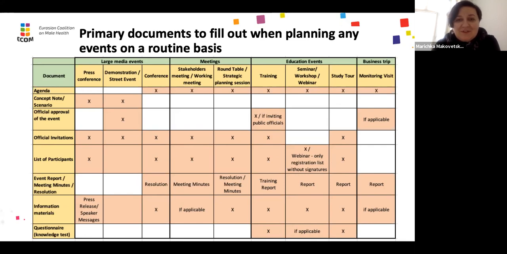So we may have the study tour, and on Georgia's example, we may show how good it is or what benefit it gives to the clients. Let's say it's what's coming to my mind. Then, of course, you should have lots of participants, reports, and information materials, and a questionnaire if it's applicable to measure what trainees were getting.